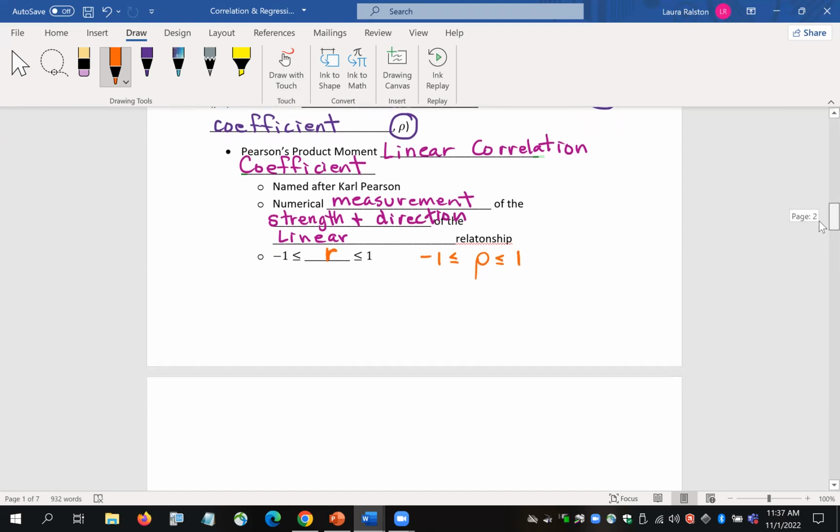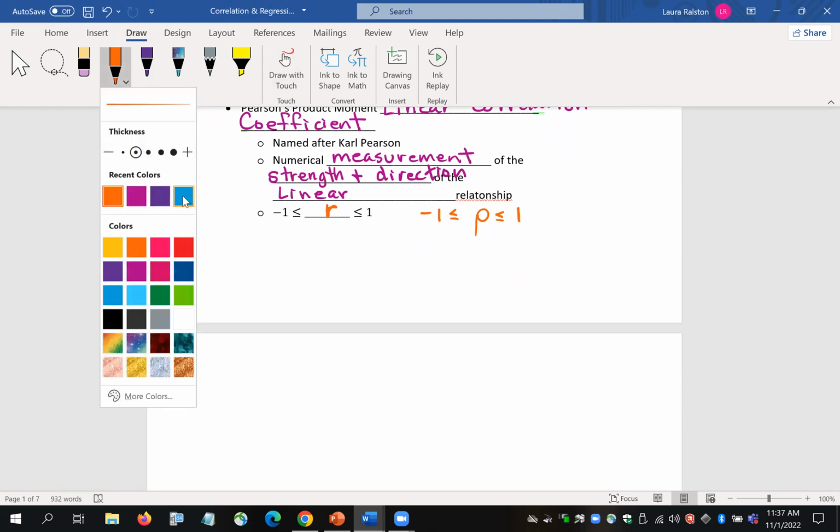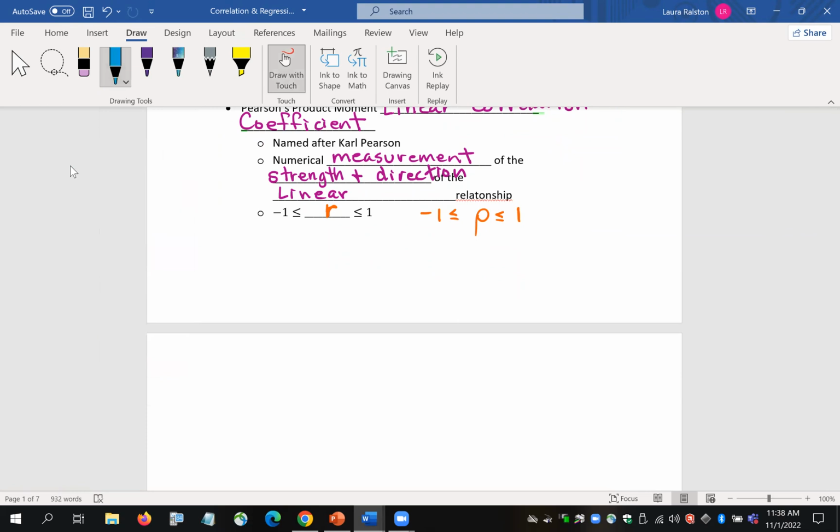Okay, now let's talk for a minute about what that means. What would that look like if I were looking at a scatter plot? If you think about this like a graduated scale, you have -1 on the left, +1 on the right, and then in the middle you have 0.